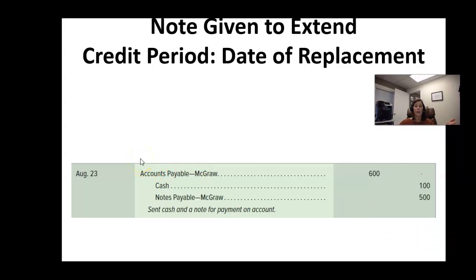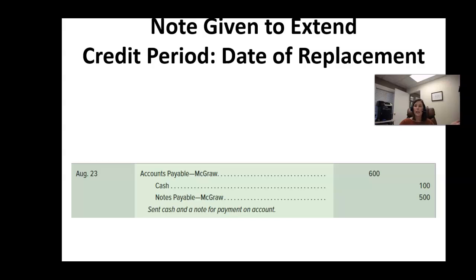So in this case, we've got a vendor by the name of McGraw that we can't afford to pay. We've owed McGraw $600 for a while, and all we could come up with was $100 to pay McGraw.